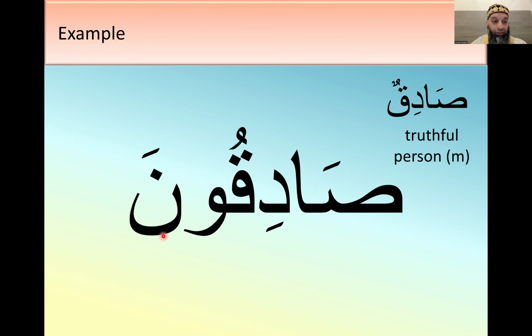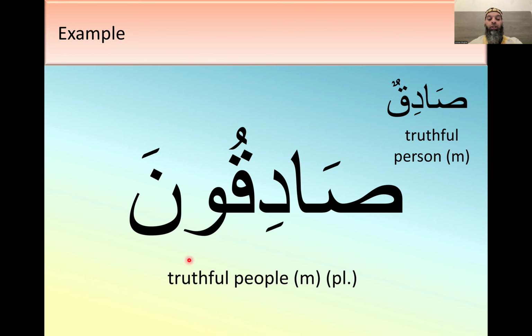It's easy, yeah? Una and ina is plural for males. So sadiquna means truthful people. What's the other way you could say it? Sadiquna, truthful males. Excellent, excellent.